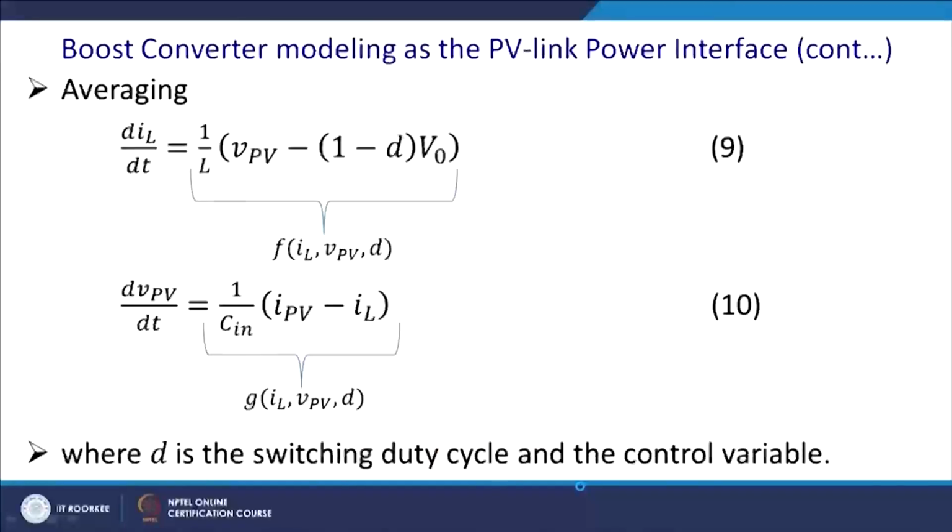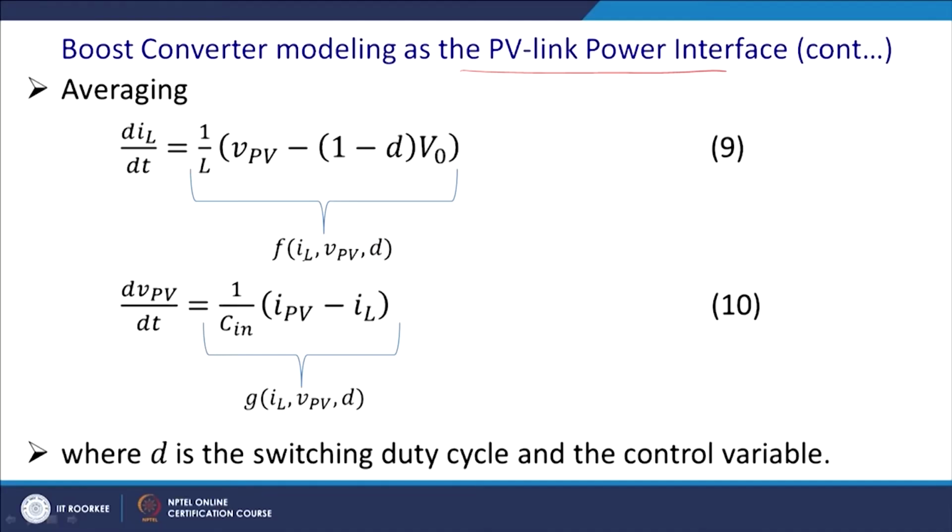So, we should choose the average model here. We have different kinds of modeling, but we will analyze here by choosing the average model. The boost converter modeling in the PV link power interface is L dIL/dt equals VPV minus (1 minus D) into V0.